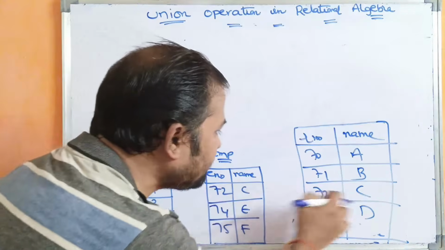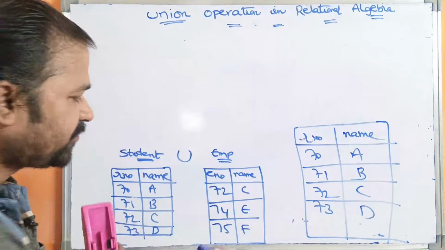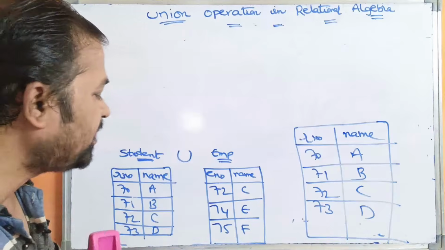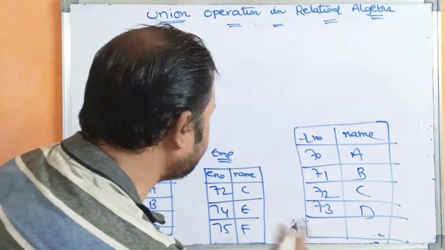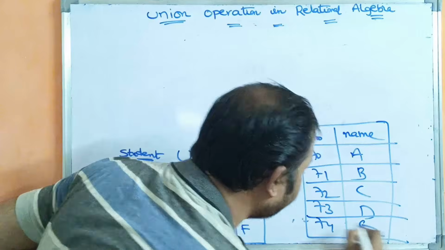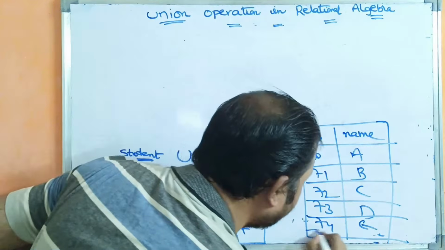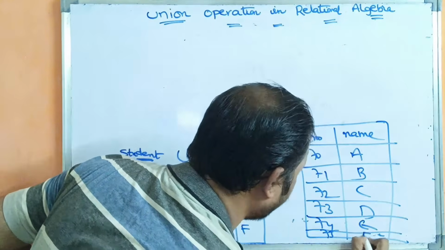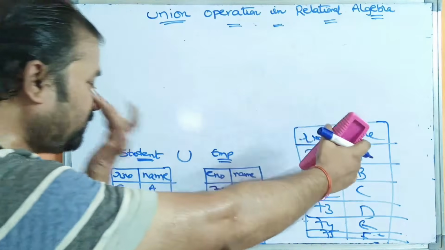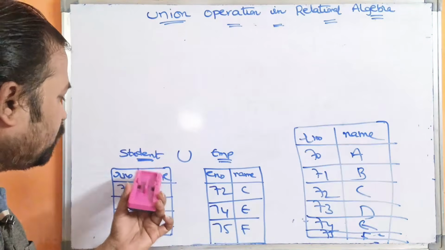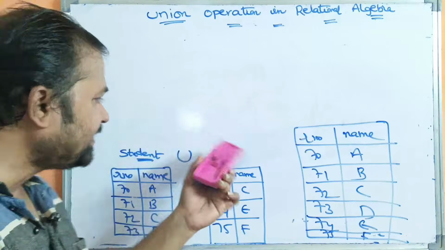So 72C won't be displayed one more time. So the next row is 74E, and the last row is 75F. So this is the new table which is generated by union of student and employee.